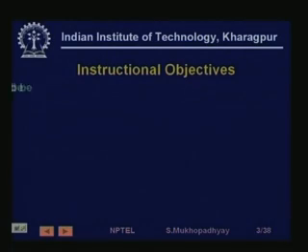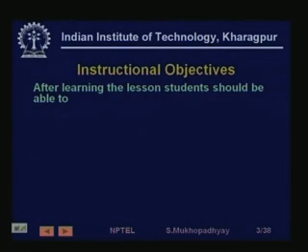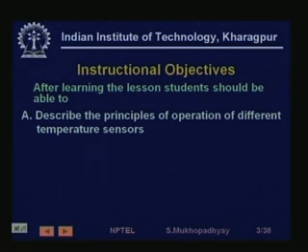Looking at the instruction objectives, the first one is of course that there are various principles of operation of the different temperature sensors. So the student will be familiar with that.